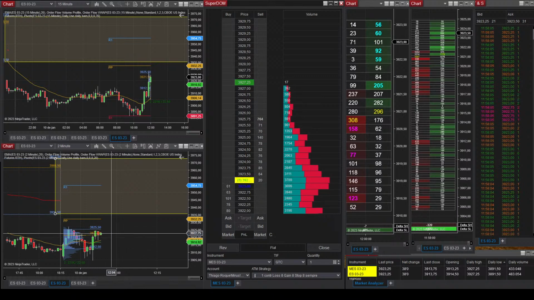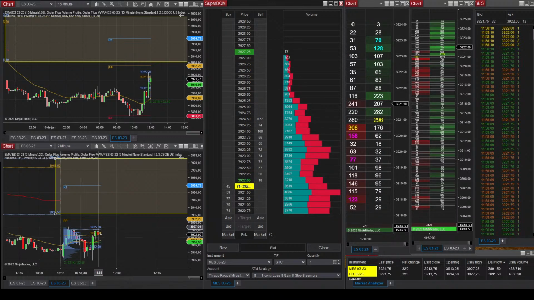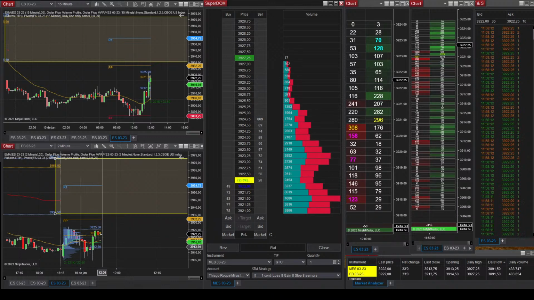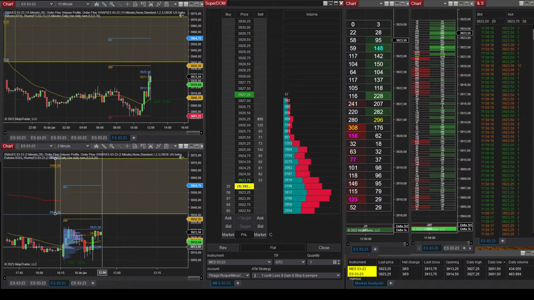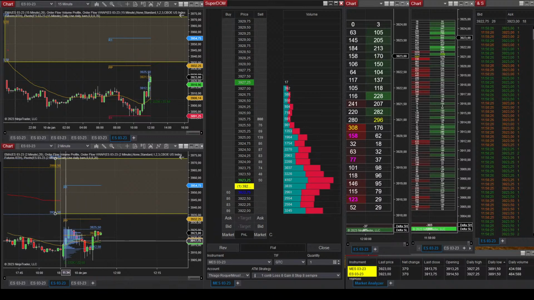But I like to see, as I mentioned, the 2 minutes, because sometimes if you look only at the flow, it can also mislead you or confuse you. So I like to see the 2 minute here.